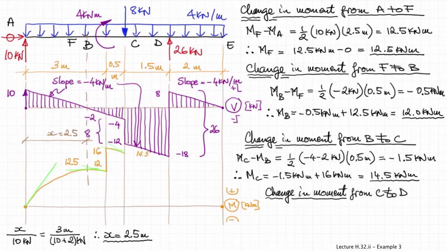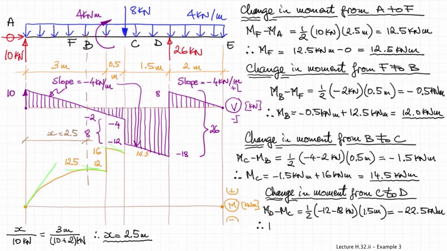It drops from -4 to -12, so the slope of the bending moment diagram will also suddenly change at point C, will become suddenly more negative to the right of C than to the left of C. So we will expect a kink in the bending moment diagram at C.